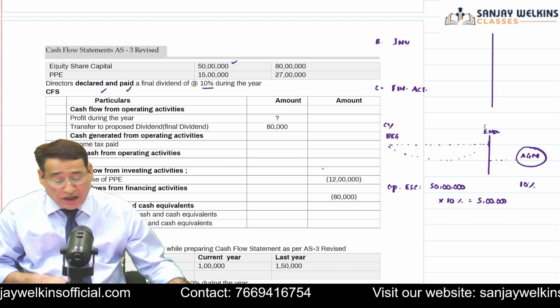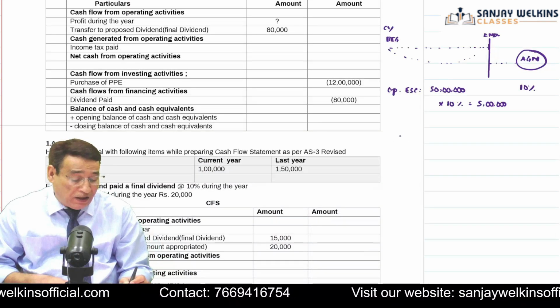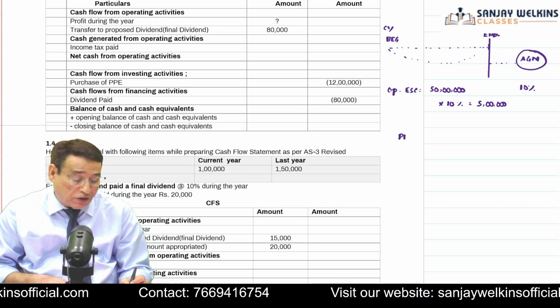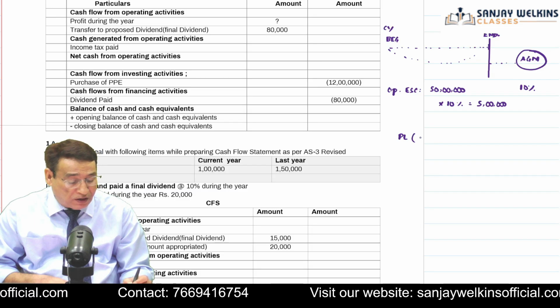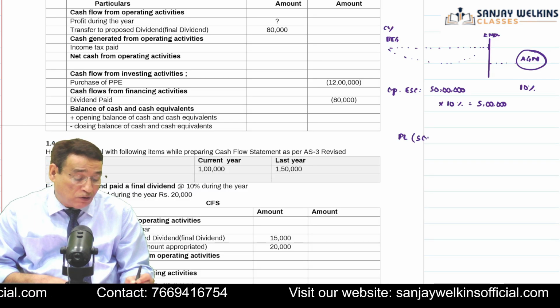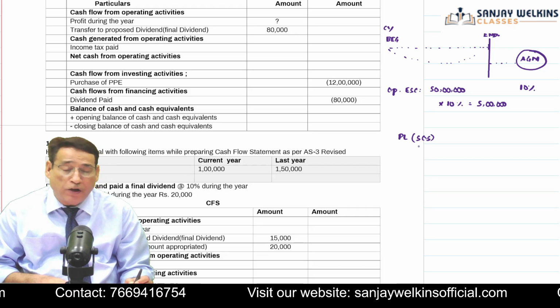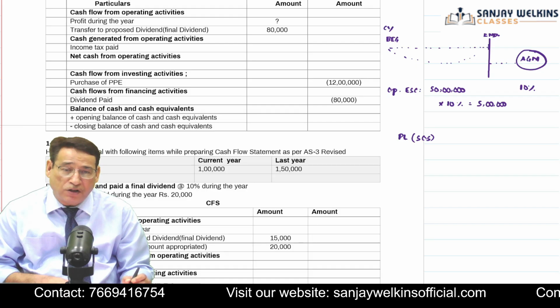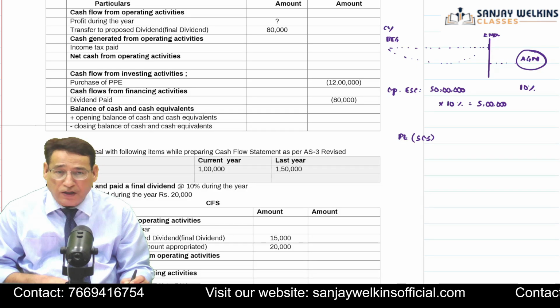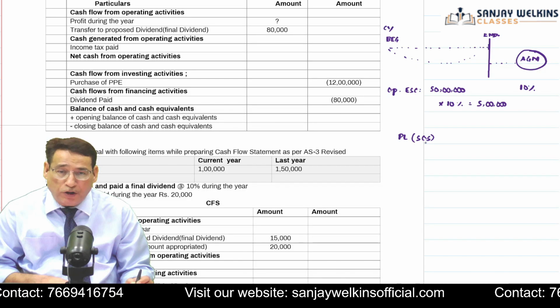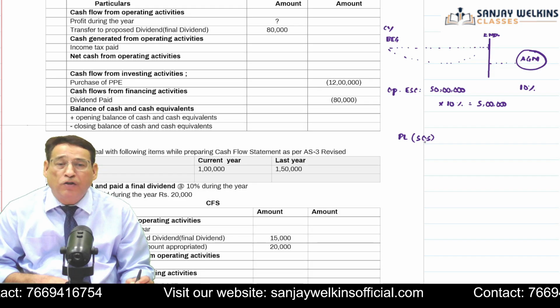Now, when we declare the dividend, our entry is in the profit and loss appropriation account, or simply P&L account. Generally, we write surplus account. As you know, when we were preparing the financial statements, after preparing the profit or loss account, we used to prepare a statement of surplus, and over there we used to write dividend.